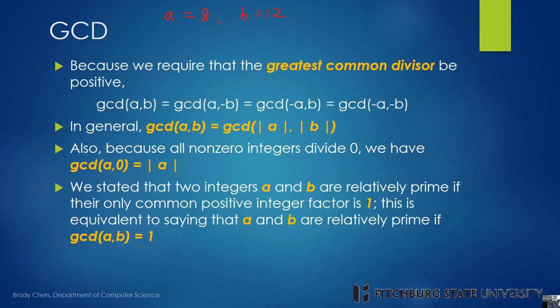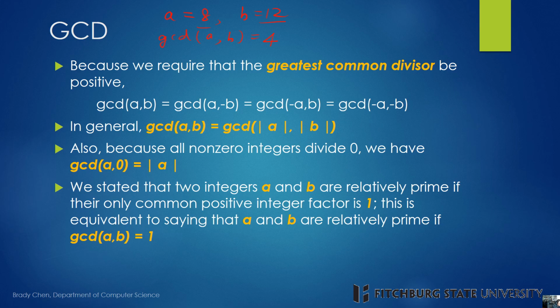What's the greatest common divisor of a and b? It's actually 4. We know 4 divides 8, 4 divides 12, but you cannot find any bigger number that divides both a and b.